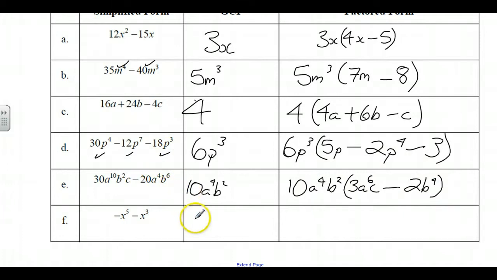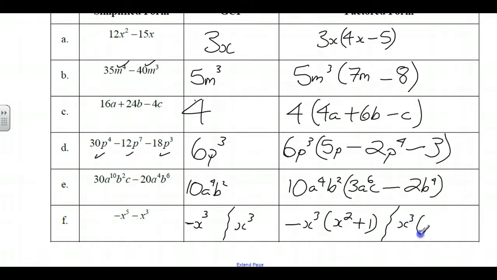Oh, here's a tricky one. So x cubed, or actually we could say negative x cubed is our common factor. Write that as negative x cubed. This gives me x squared plus 1. Now, could you leave the negative? So just say, hey, x cubed will go into both of those.